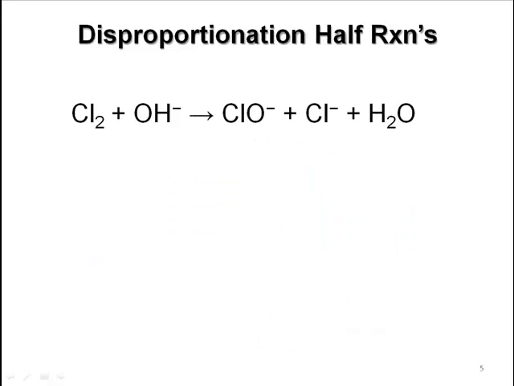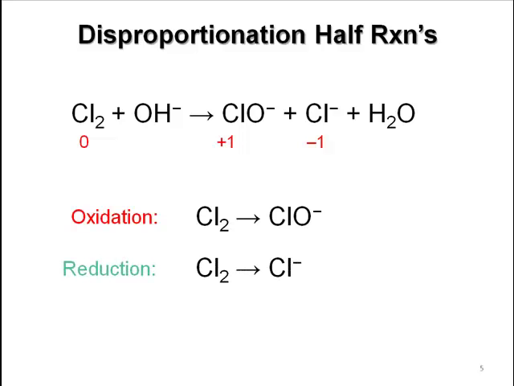So if you have this reaction and you want to split it up into its half reactions, again, using the charges, the first thing we have is oxidation. The one that goes through oxidation is the chlorine becoming the ClO minus. The reduction one is the chlorine, obviously, becoming the chloride ion. Now this one's kind of weird because if you wanted to say which one was the reducing agent, what would it be?